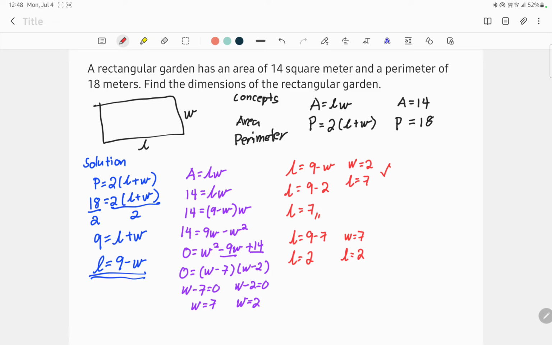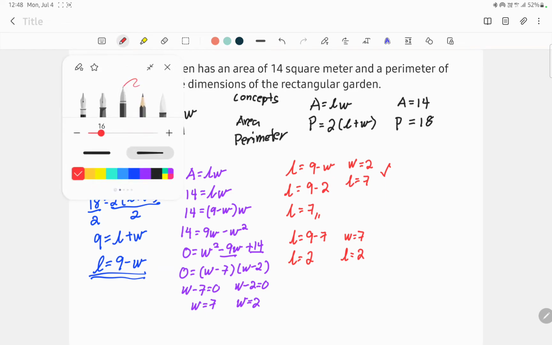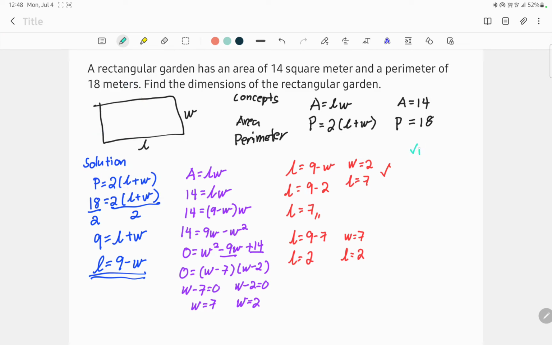So therefore, let's do some checking. When we do the checking, let me use this color. Area is equal to 14, right? So if you have area is equal to 7, which is the length, times 2, which is the width, area is equal to 14 square meters.